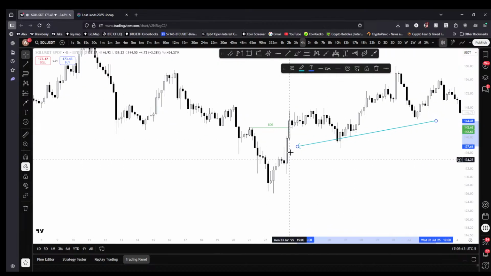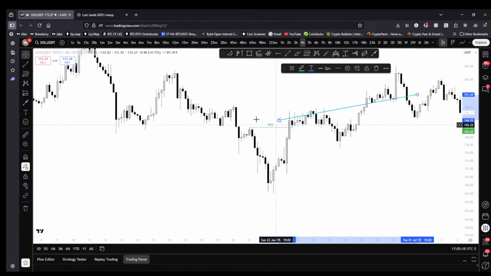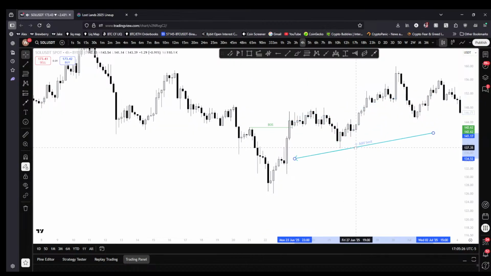This is also what creates a breaker block, right? Why is it a breaker block? Because it broke the prior strong high, or the prior structural high. So it's a breaker block because it broke structure.